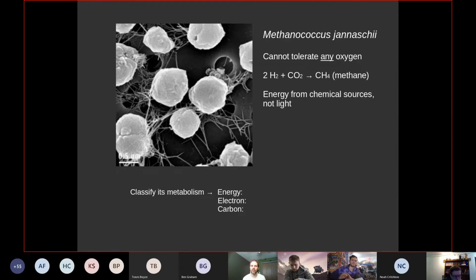Where would you find this thing? Probably in a mine, like near petroleum, where there's no oxygen. Underwater near vents or something? It's got to be pretty deep, because the ocean has plenty of oxygen in it.